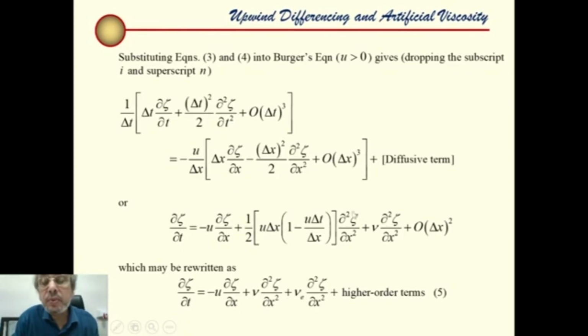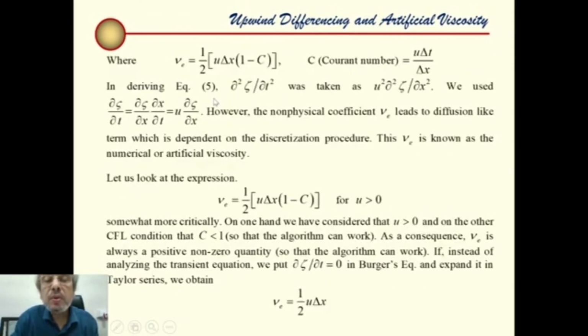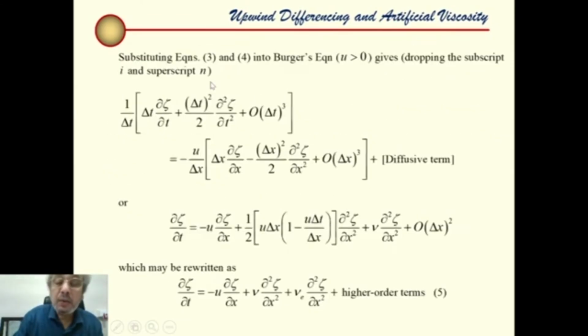U delta x by 2 into del 2 zeta del x2, if we open this bracket, we will get that term from these bracketed terms that come from the spatial derivative. But the second term, if we again open the bracket and rationalize quantities, comes from the temporal derivative. How? We will see now.